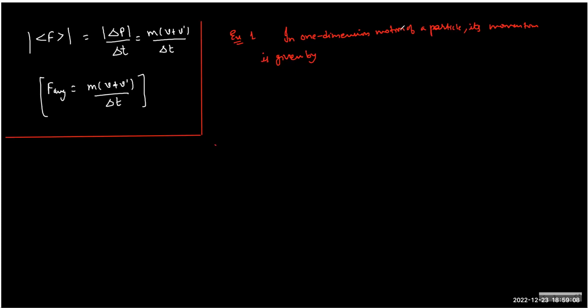So in one dimension, motion of a particle is given by P equals 5t square plus t cube minus 3t plus 6 kg meter per second. This is momentum. Find instantaneous force at t equals 5 seconds.